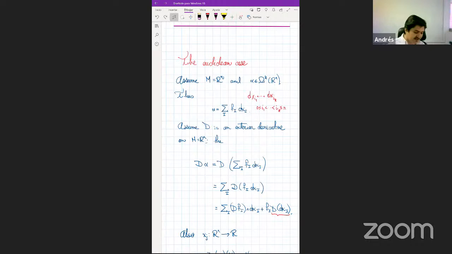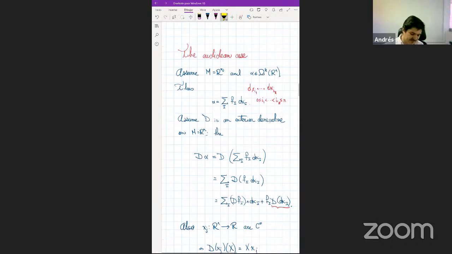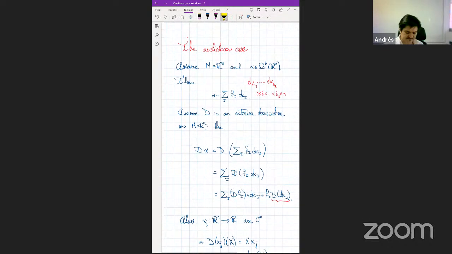Now, the coordinate functions are smooth functions, okay? So I can apply d and see what happens. Because this is a function, this is a one form. And by my condition 4 of the differential, d of a function has to be equal to this.